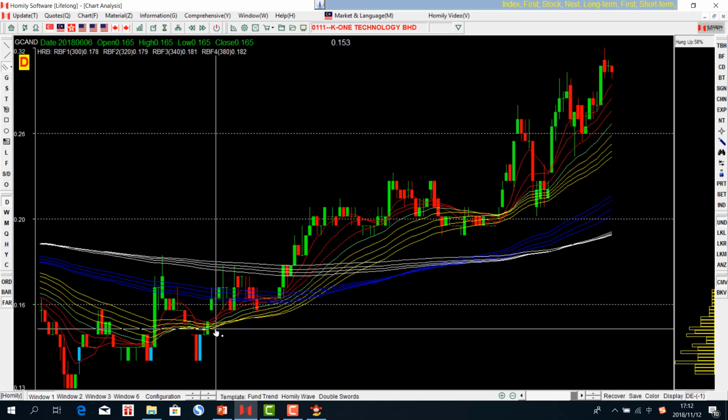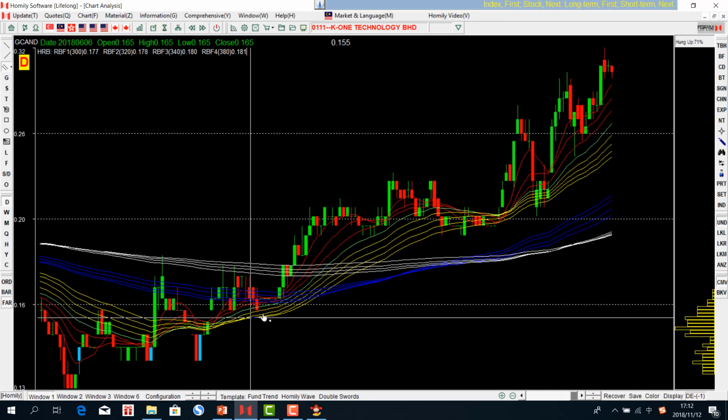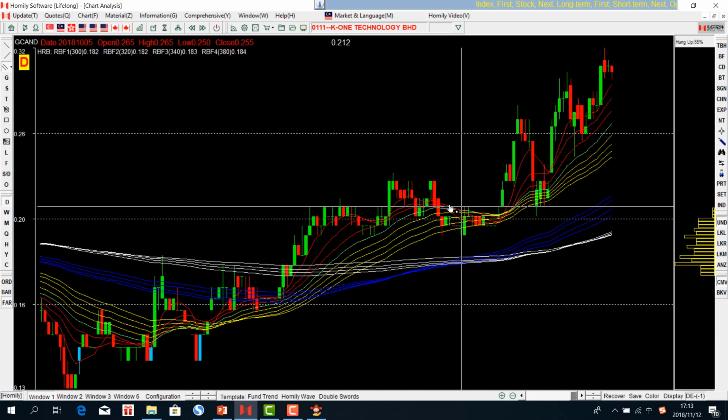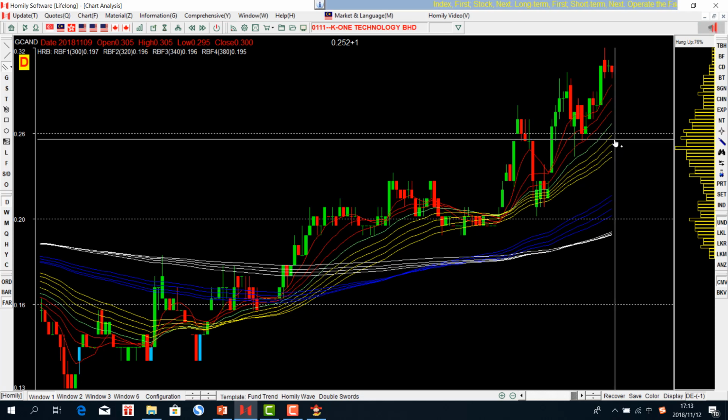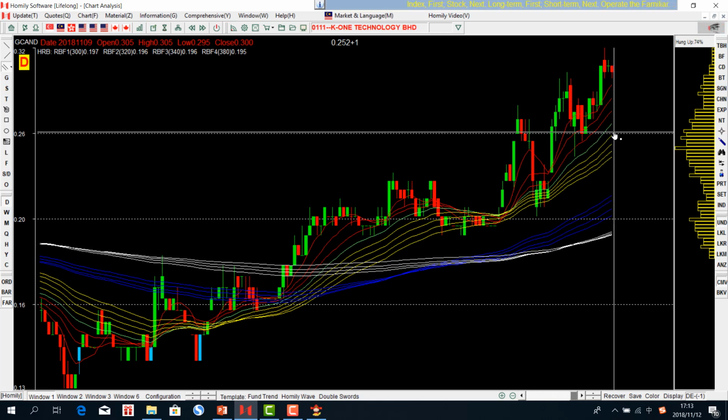But for midterm traders, you can open a position here and hold until the price breaks out of the yellow line so that you can sell. So for now, midterm traders can still hold this counter.